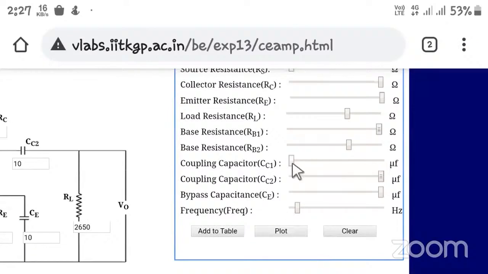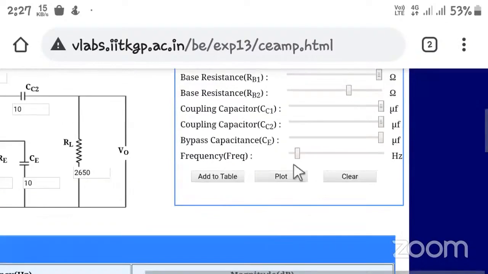Now we can plot the diagram. We simply plot the graph, then again go on increasing the frequency at regular intervals. So I'm just showing here the diagram.